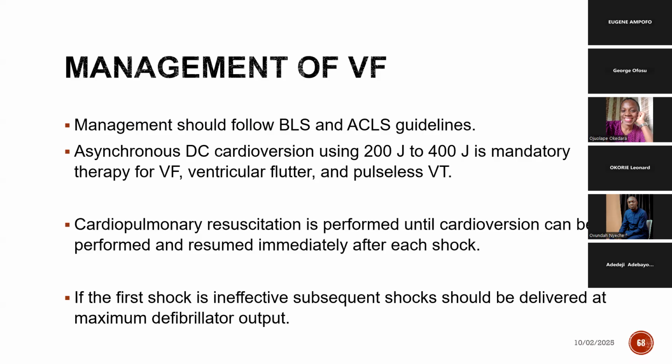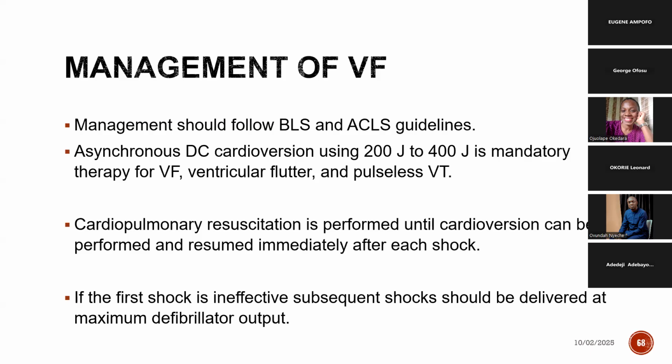In terms of management, we usually have to follow BLS and ACLS, and it's usually recommended that asynchronous DC cardioversion using high currents of about 200 joules to 400 joules is mandatory therapy for ventricular fibrillation and ventricular flutter, as well as pulseless VT.